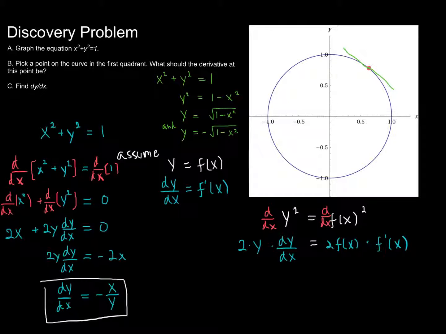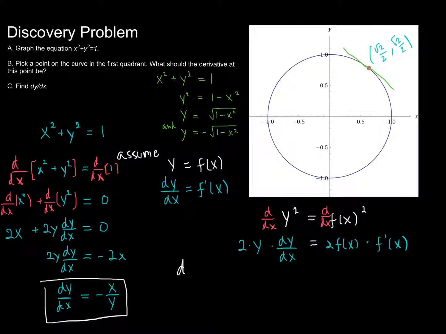And this is a very important piece because now I can actually say, okay, what's the slope at this particular point? And so this particular point might be square root of 2 over 2, comma, square root of 2 over 2. Okay? And I could find the slope at this particular point utilizing my equation. So let's actually do that.